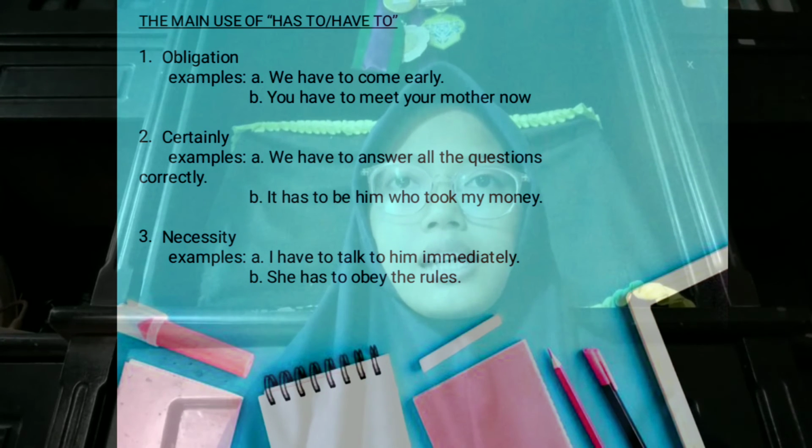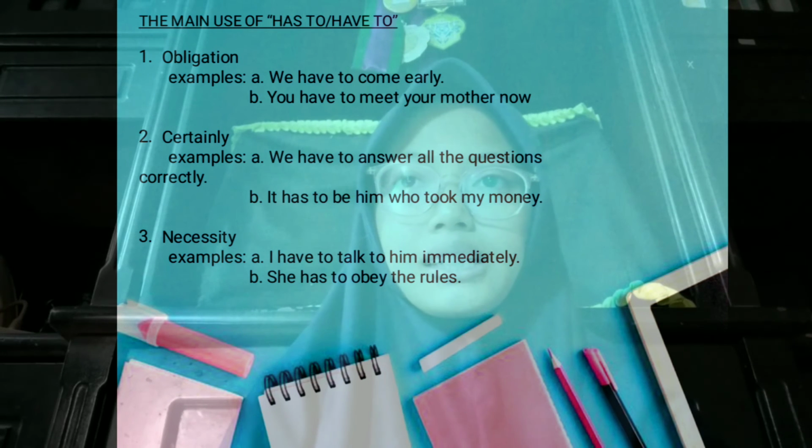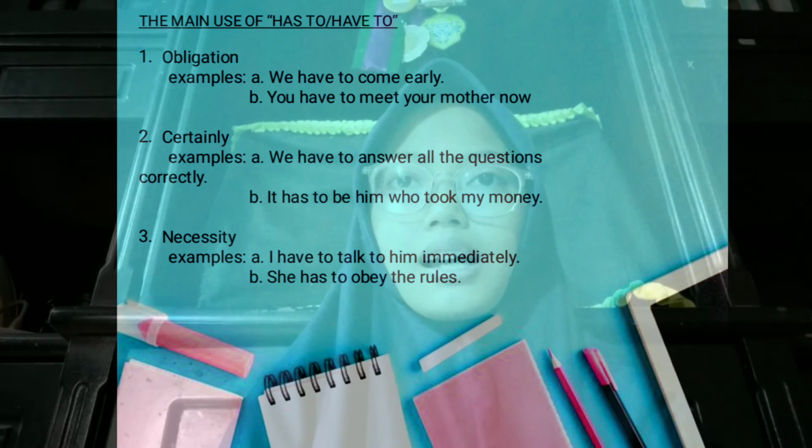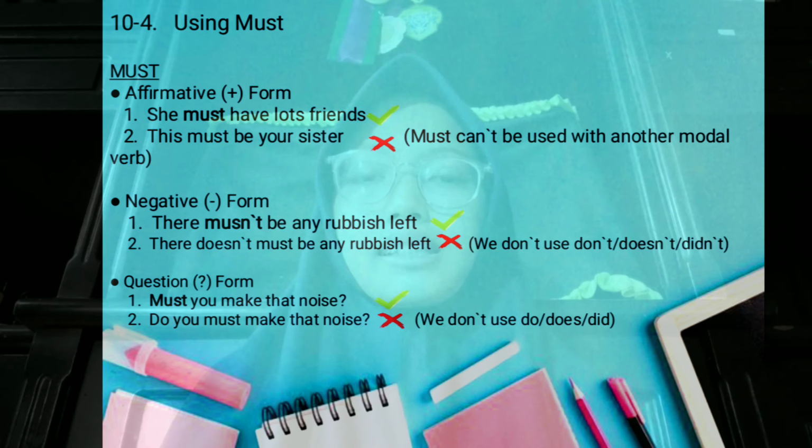Examples: A. We have to answer all the questions correctly. B. It has to be him who took my money. Third, for necessity. Examples: A. I have to talk to him immediately. B. She has to obey the rules.